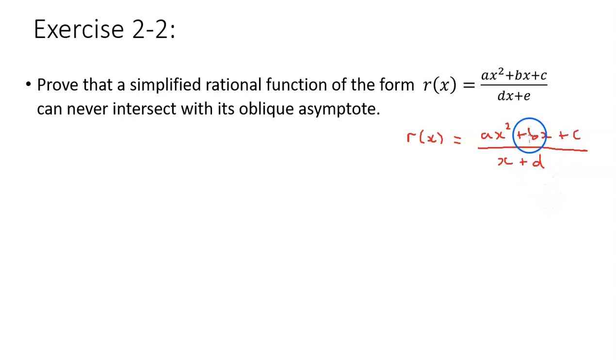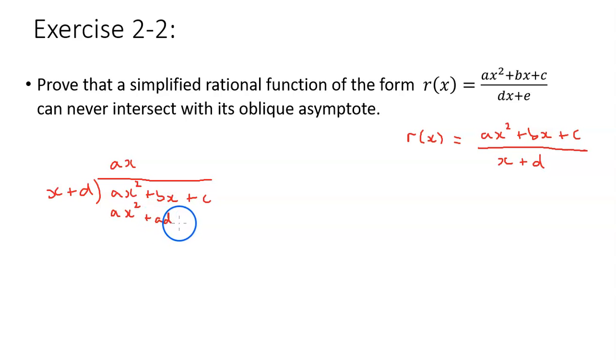And, well, you can use polynomial division to find the oblique asymptote first of all. So ax squared plus bx plus c, and then we would need to multiply this by ax. So we get ax squared plus adx, and then we do our subtraction and we get b minus ad x plus c, and then we would need to multiply by b minus ad.